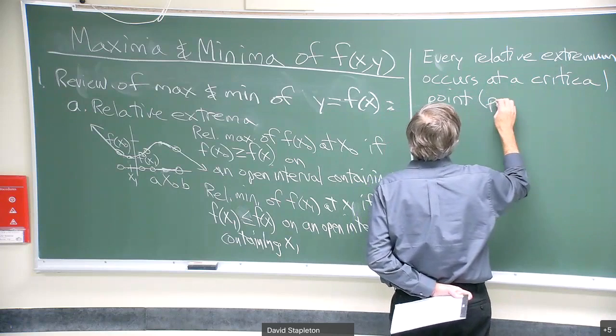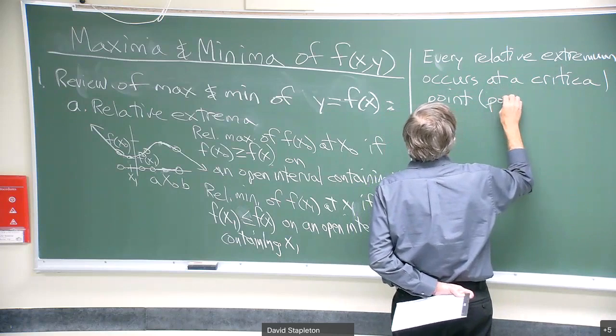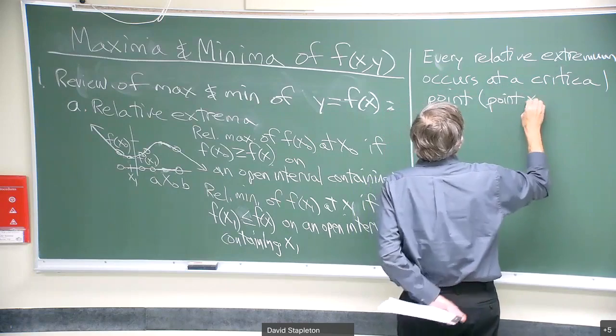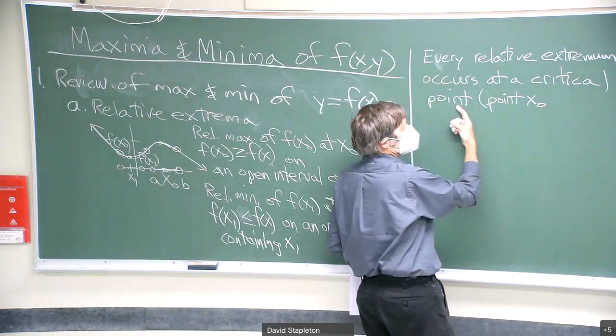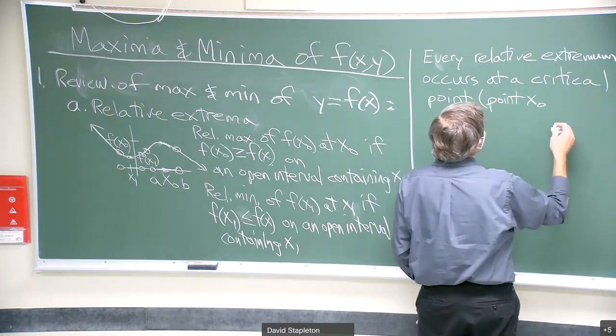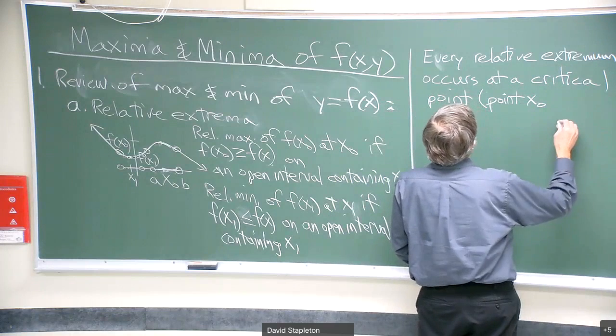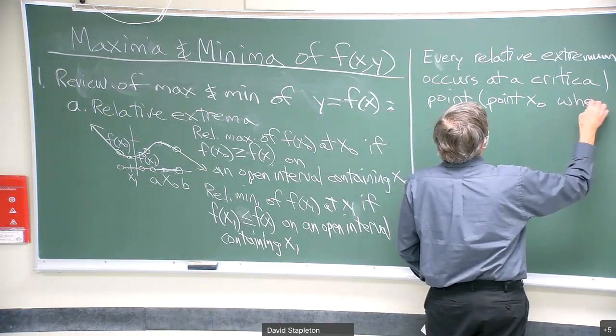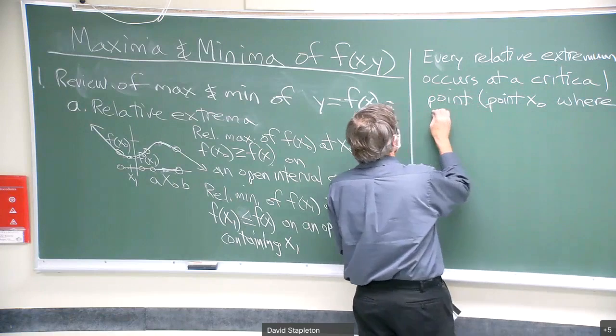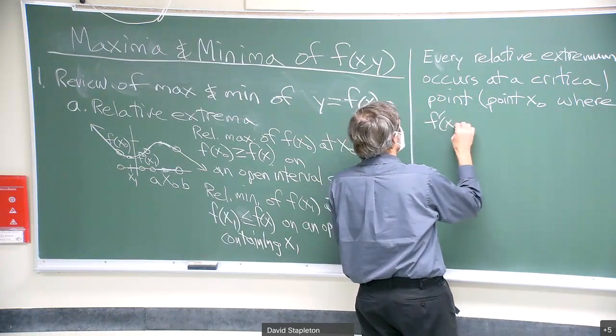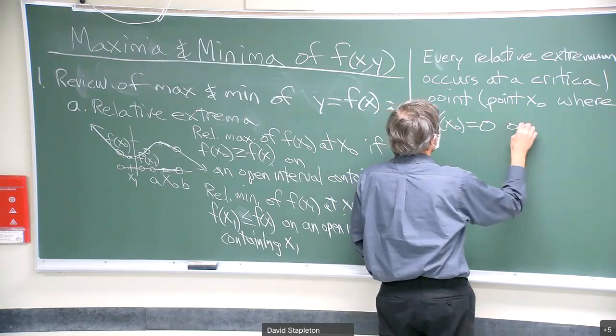A point where the derivative is 0. Critical point meaning just the x coordinate. A critical point is a point x0 where either the derivative is 0 or does not exist.